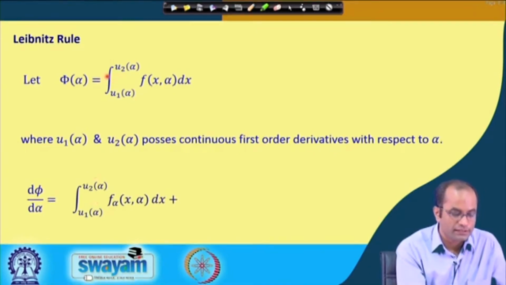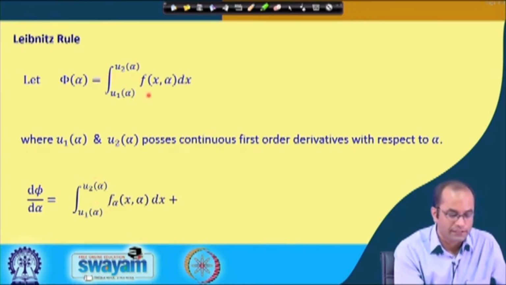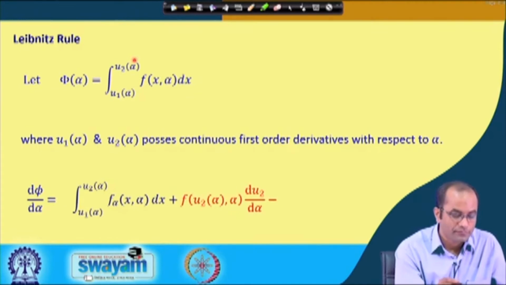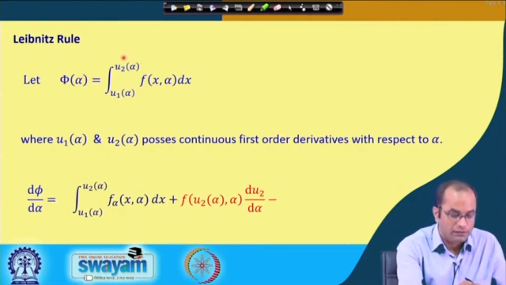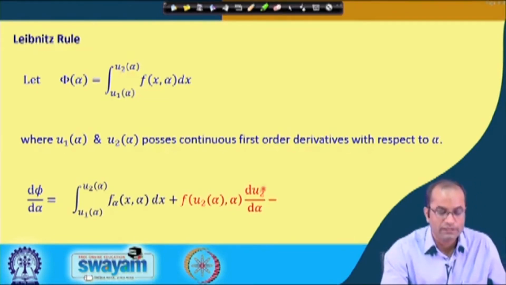So this rule says that we can take the derivative inside, we will get the partial derivative of f with respect to alpha, then plus the derivative of the upper limit. So for u2(alpha) we get du2 over d alpha, the ordinary derivative, because u2 depends only on alpha.